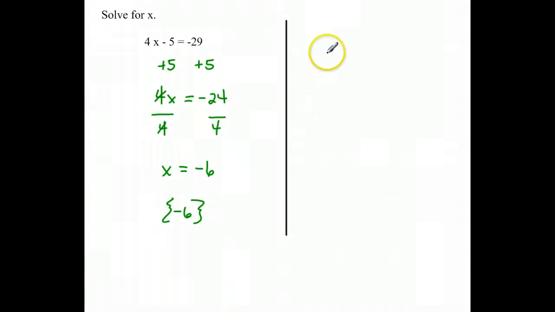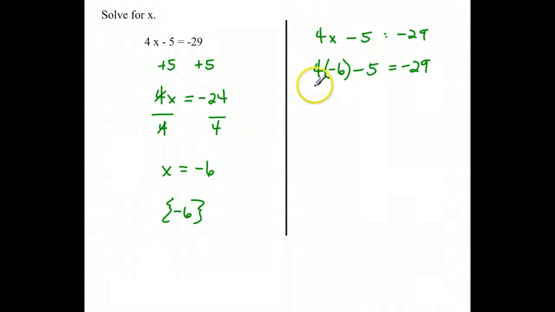And now I'm going to do a check. I'm going to start with the original problem. And I'm going to plug the value in for x. For what I got as the solution for x, I'm going to plug that in for x. Now I am using my PEMDAS. I'm trying to do the problem to see if these two sides are equal.